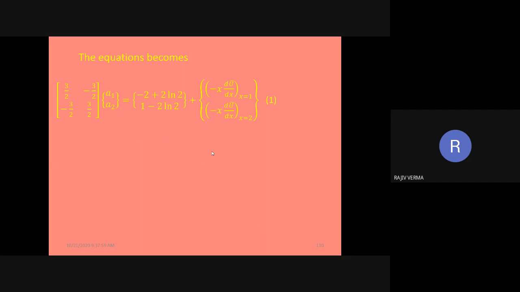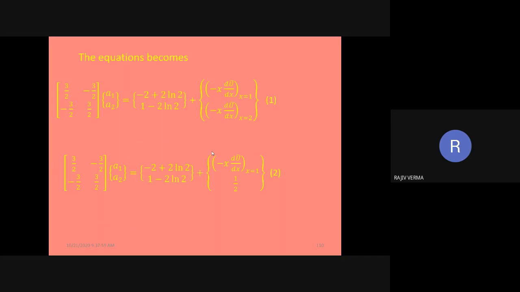In this equation we substitute the value of flux at x equal to 2, that is point xb, as half, because the value of flux was given as 1 by 2 at this particular location.